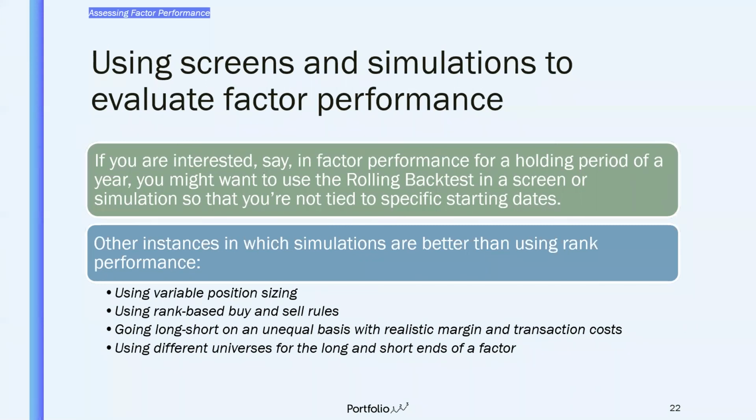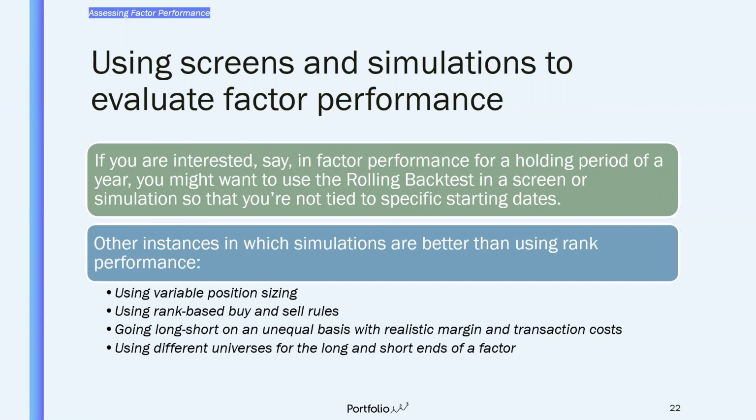So if you're using variable position sizing, that can be done in simulations, and that's something I'll be talking about in the third webinar. And if you are using rank-based buy and sell rules, then you can use those in the simulation.